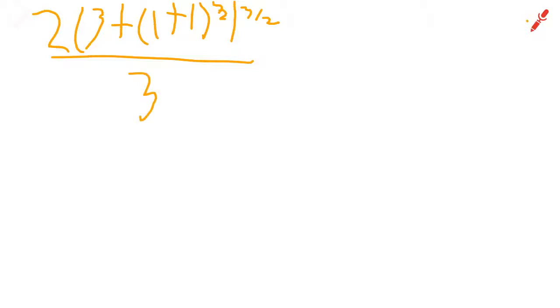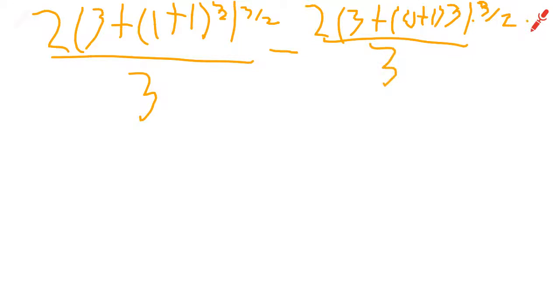Now we have to do the same thing but with 0. So we have to subtract that, so it'll be 2 times (3 plus (0 plus 1) cubed) to the power of 3 halves. Excuse my handwriting. All of this over 3.